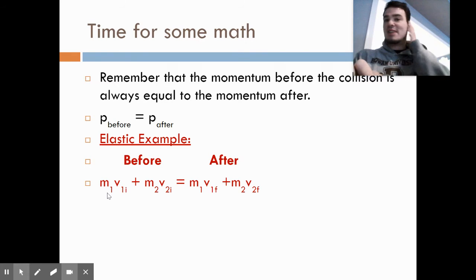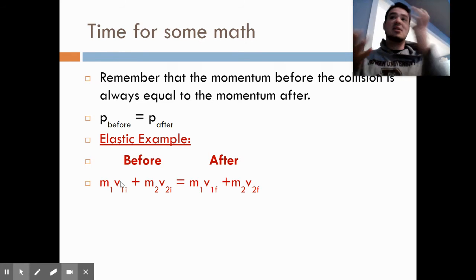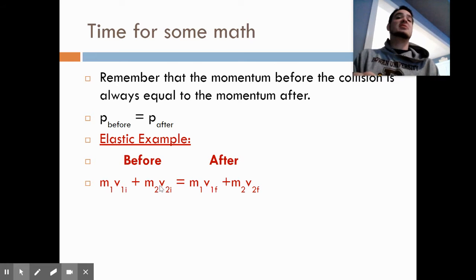What we're really saying is, remember, momentum P equals mv. So it's the momentum of object 1 plus the momentum of object 2 before they collide has to equal what they finish with, which is momentum 1 plus momentum 2 after the collision.